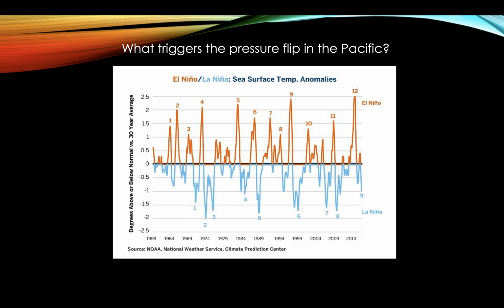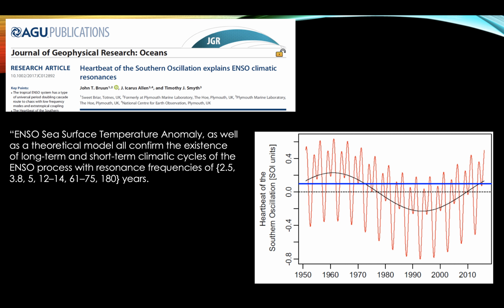So I thought I'd include a slide also. Remember, I talked about how scientists don't know exactly why the pressure changes in the Pacific. All they know is that it occurs often and that it will lead to an El Nino event. And so there's been some scientific research published that actually looks at El Nino as a series of smaller cycles.